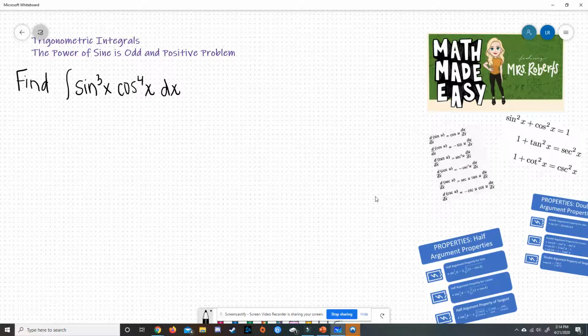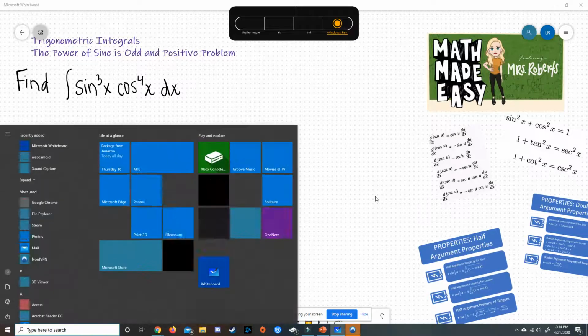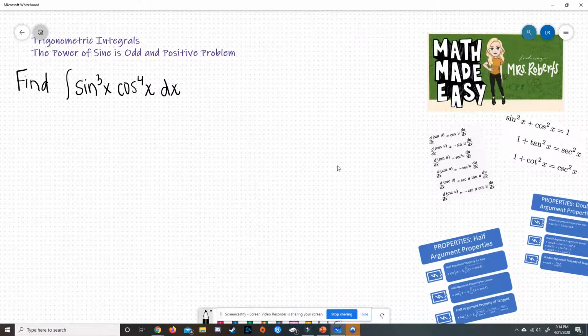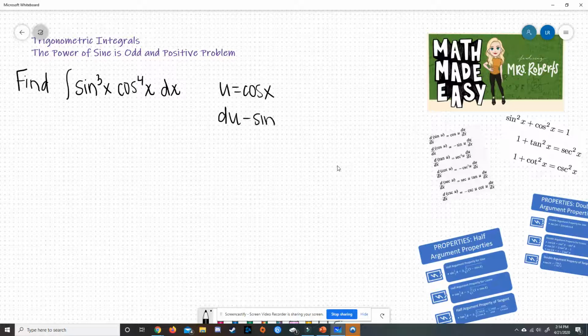I would say that maybe our u would be cosine of x. And if cosine of x is our u, then our du would have to be negative sine of x dx.